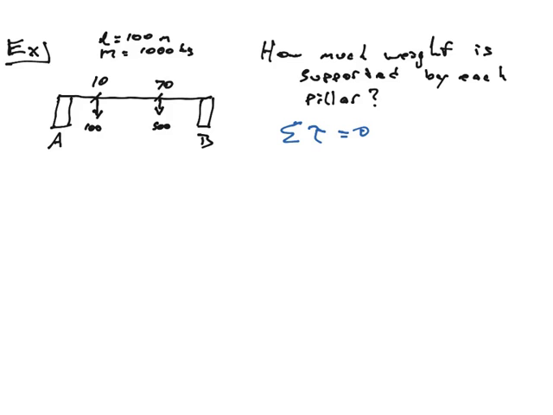So let me show you how I would solve this. The way I solve is I say, let's take this drawing, let's get rid of pillar B, pretend he's not there. What would happen? Well, obviously, the right side of my bridge wants to collapse.